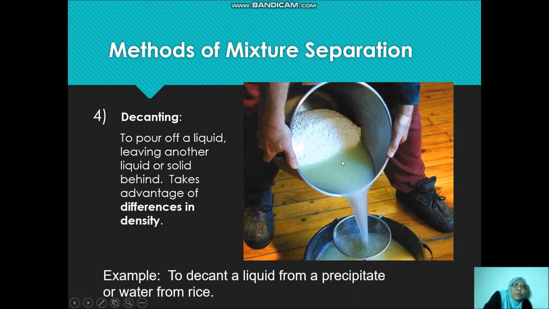How to separate? It's very easy by decanting like this. In daily life, it is used to decant a liquid from a precipitate. Precipitate means solid, it means sediment, the same meaning, or to pour water from rice.